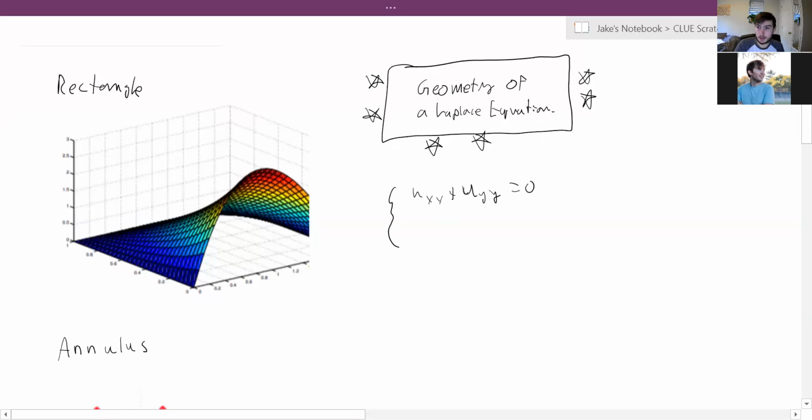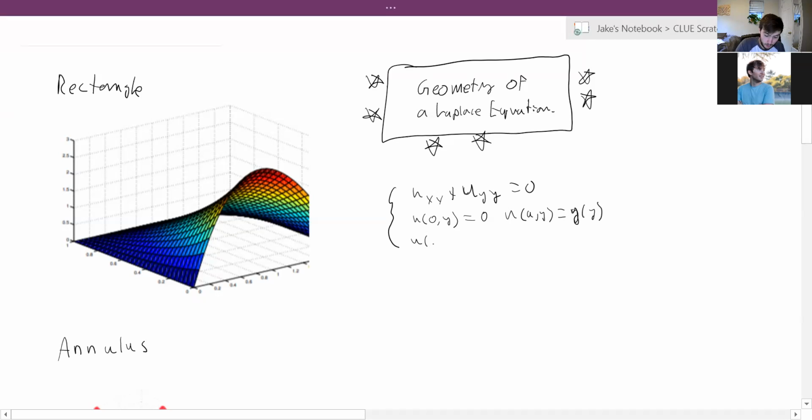equals 0, and then we get some boundary conditions, right? Well, I guess I can just write those out. So something like this. And then maybe this one is u of a, y is g of y for some function.